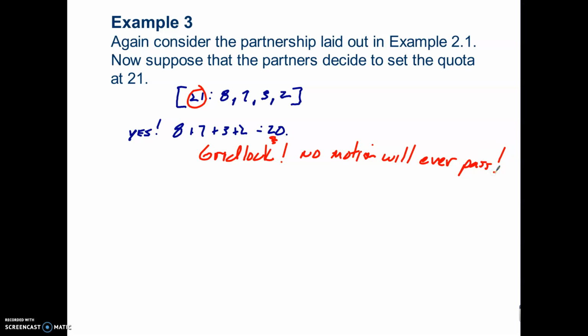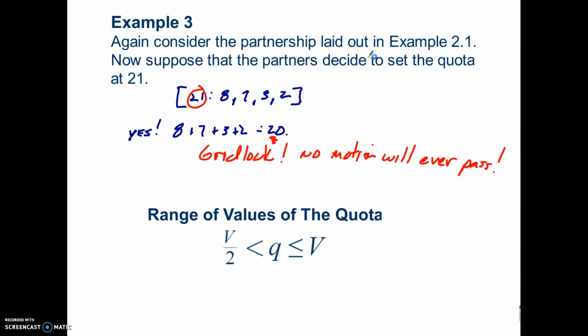Okay, so that leads us to a range of values necessary. The last example, example 2, and this example, example 3, lead us to a range of values necessary for the quota. So we're going to have a range of values here.